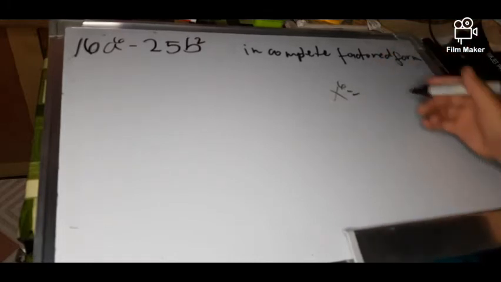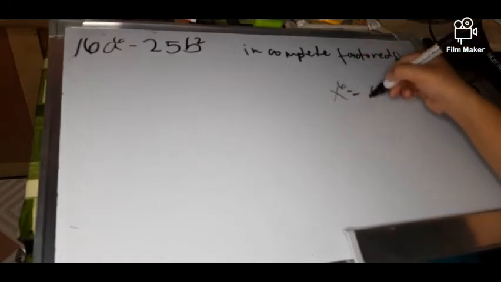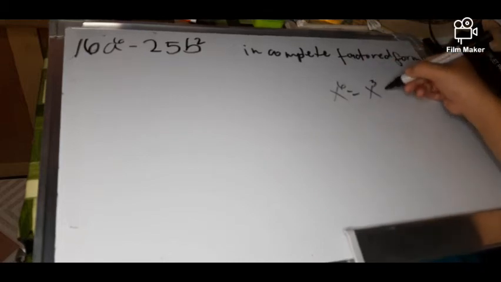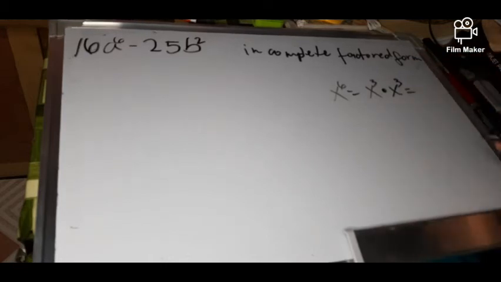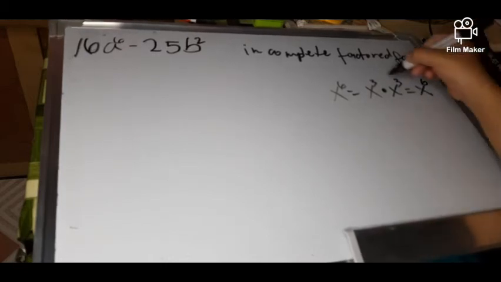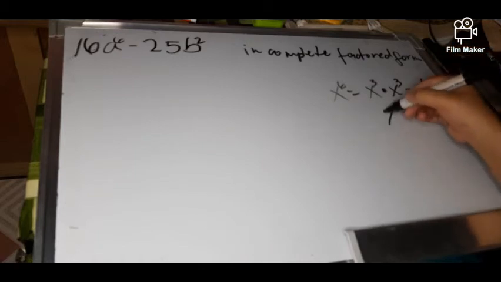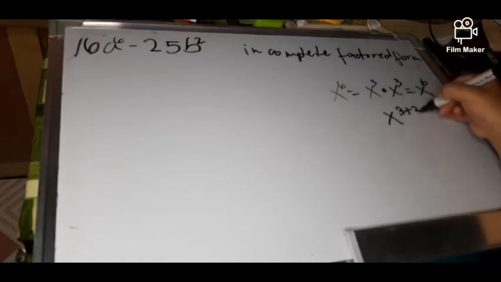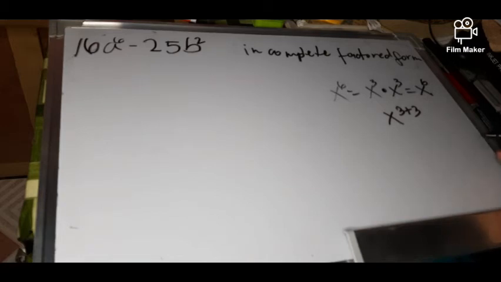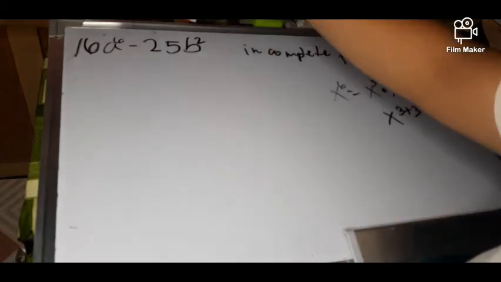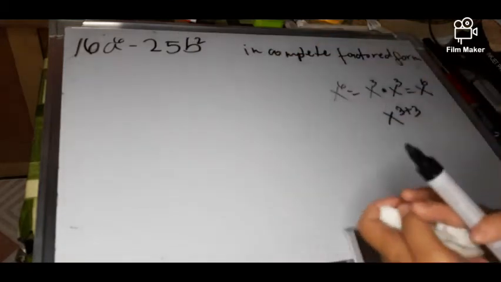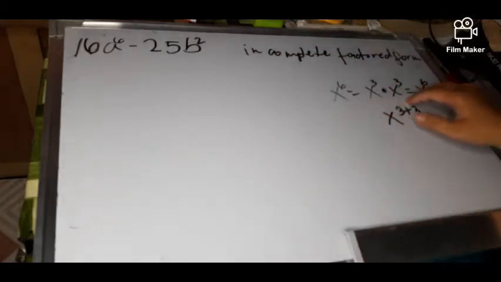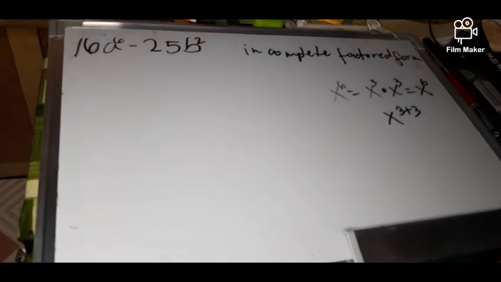Pag finactor mo yan, dapat pareho yung makukuha natin. So, we just need to write x cubed times x cubed. So, the answer there is x raised to 6 because we just need to add the exponent. Hindi natin kailangan na maging perfect square yung mga exponent na yan. Ang mahalaga sa atin, kaya nating i-factor by two same variable and exponent. So, maliwanag po tayo dun.